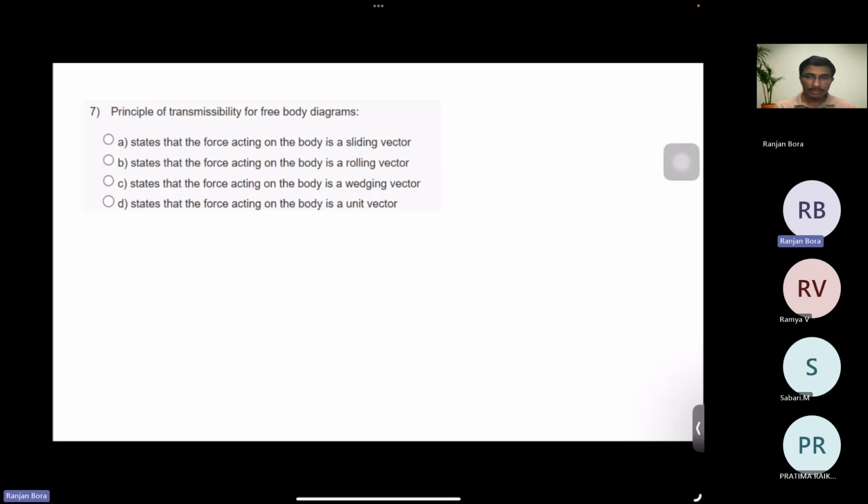Next, this was a question from assignment 0, the assignment which was uploaded in week 0. In this question, it is asking about the principle of transmissibility for free body diagrams. What does the principle of transmissibility represent?